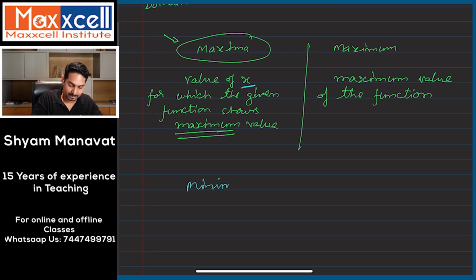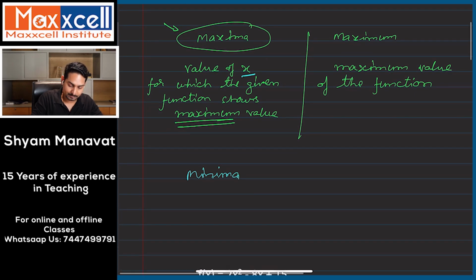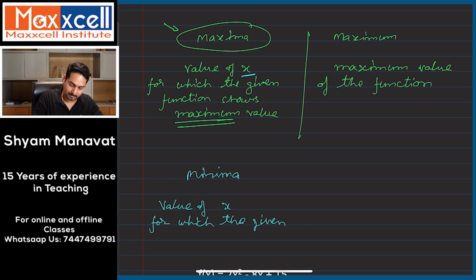Similarly, minima is what? Now you can tell me what is minima. Minima is again the value of x for which the given function shows or has minimum value.